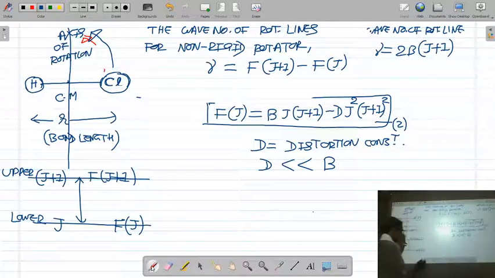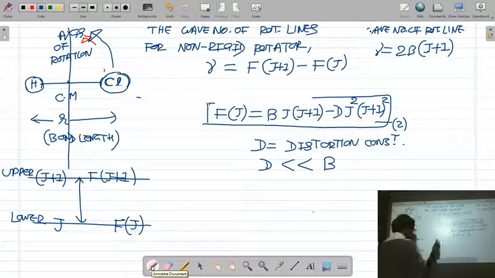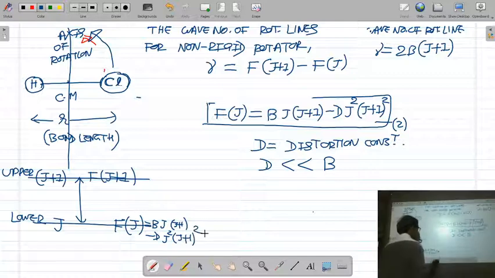Okay, now we know the equation of F(J). What is F(J)? That is the rotational term value for the non-rigid rotator in the J quantum state. It is BJ(J+1) minus D J²(J+1)². From this equation, you can write down the rotational term value for the upper level J+1 by replacing J by J+1.